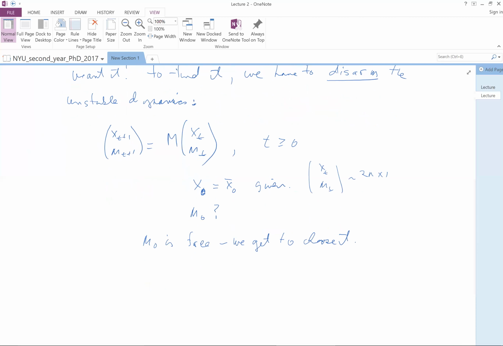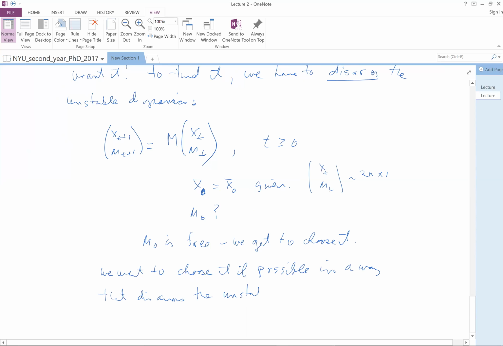Okay, so we want to choose it, if possible, in a way that disarms the unstable eigenvalues. That's what we wanted to do. So the question is, can that be done?